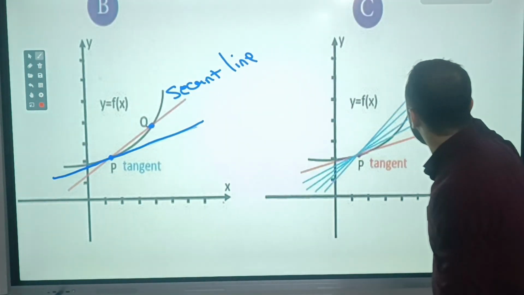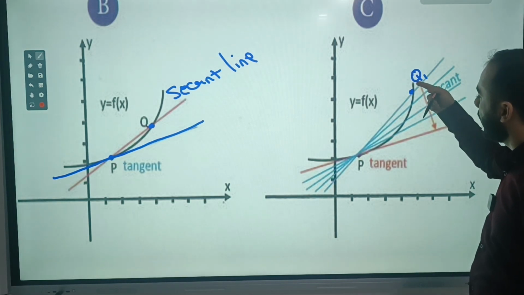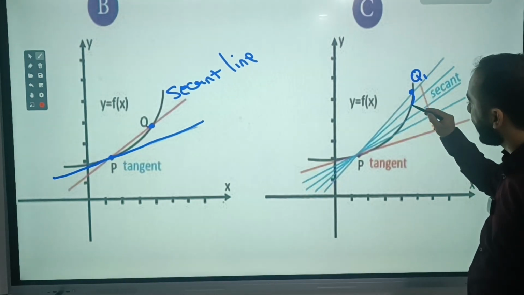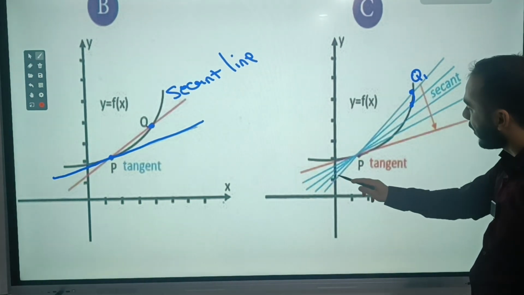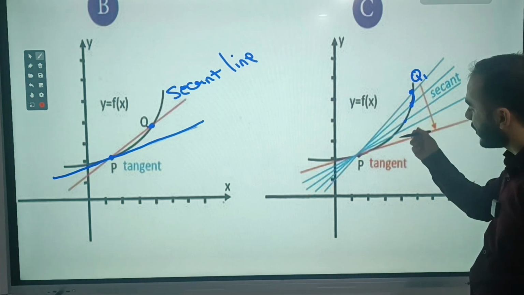So imagine Q is here, that is point Q. From this point Q, when we approach towards P, look step by step, when it comes to here, the line is going to go through here. When it comes to here, as you can see, the line goes down.